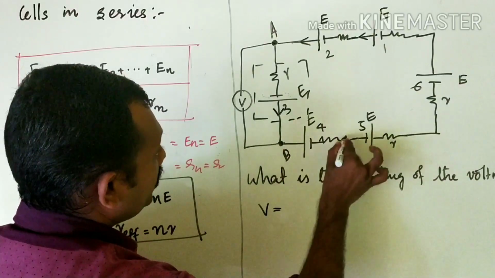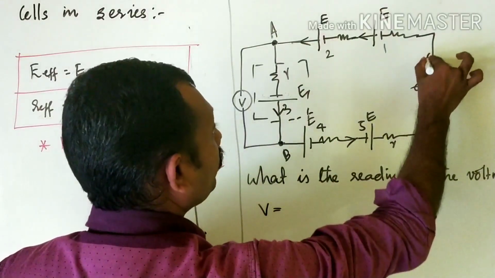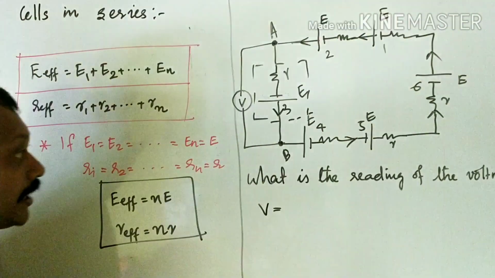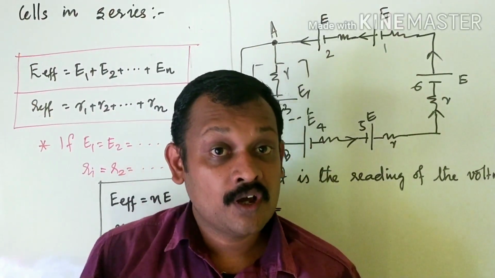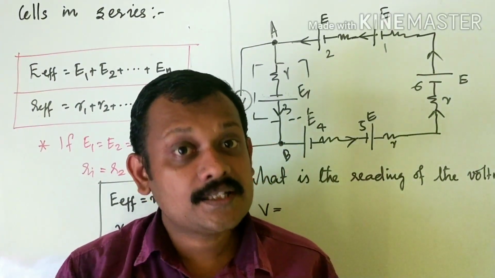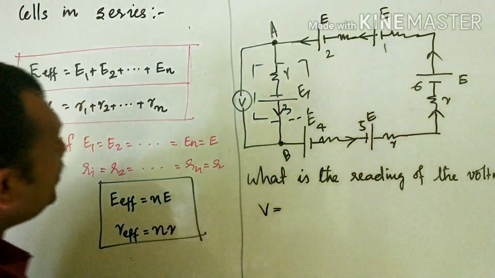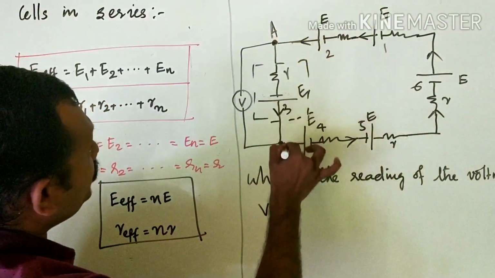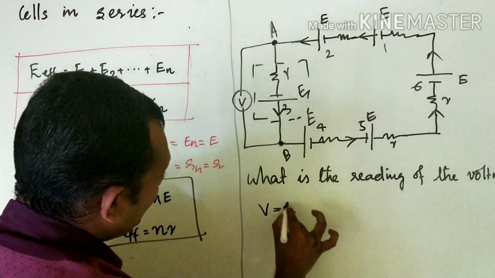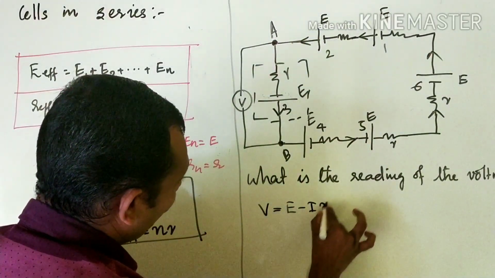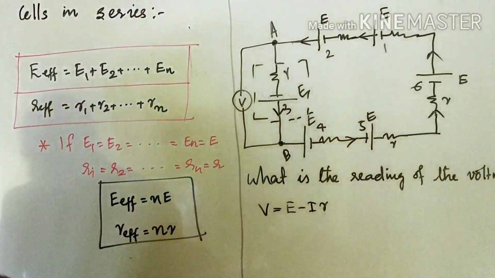If what I am choosing is right, then I will get a positive value of current. If the direction which I have chosen is wrong, the value of the current I am going to get is negative. So in this case I am saying cell 3 is discharging, which is E minus I into r. Ready? Okay.